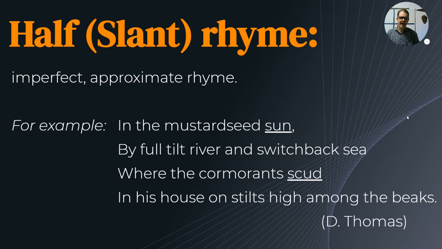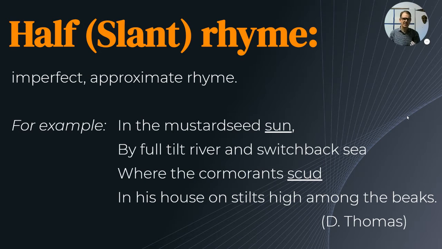Then we have that half slant rhyme. I talked about it before, where we're kind of forcing a rhyme that's not really there. "In the mustard seed sun, by full tilt river and switchback sea, where the cormorant scud in his house on stilts high among the beaks." Okay, guys, this is a type of rhyme that you should be very familiar with. Songwriters use this a lot, where they're forcing a rhyme that's not really there. They're mispronouncing a word purposefully to make it rhyme.